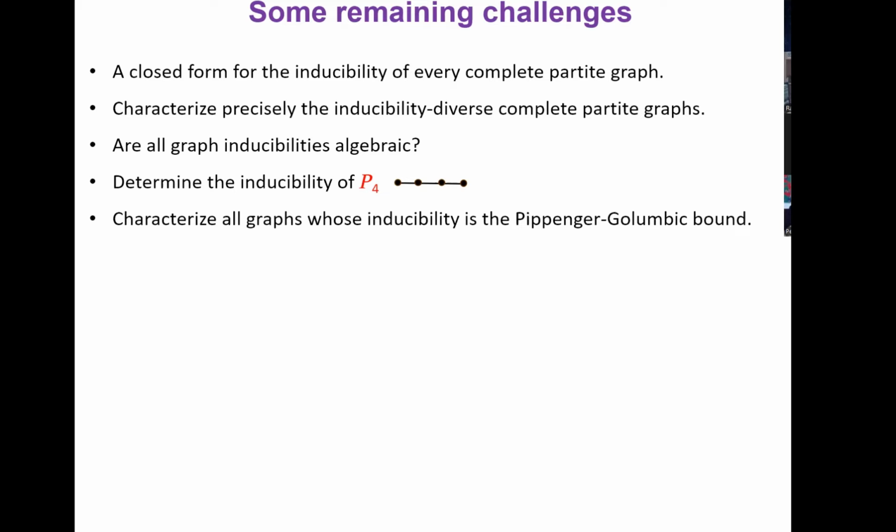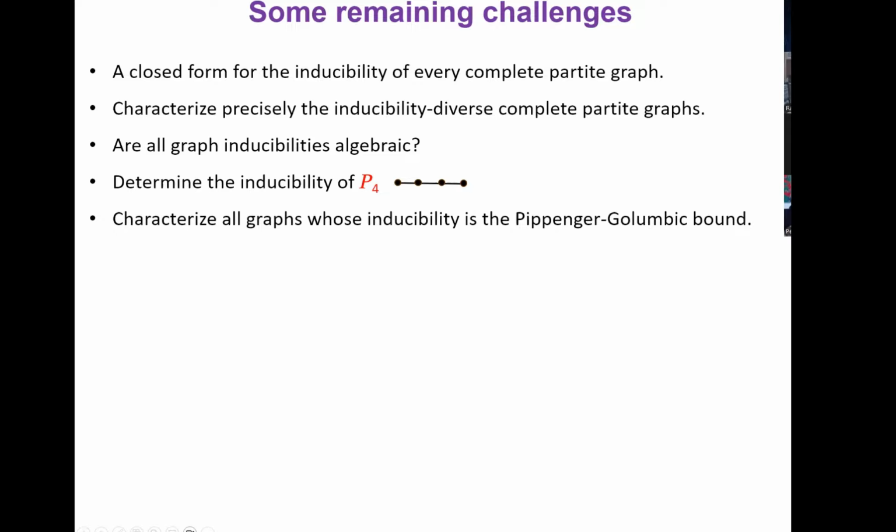So perhaps this is why it's still difficult to compute the inducibility of P4. Perhaps the value is not even algebraic, which means also that flag algebras won't help you, even with infinite computing power, to determine the inducibility of P4.